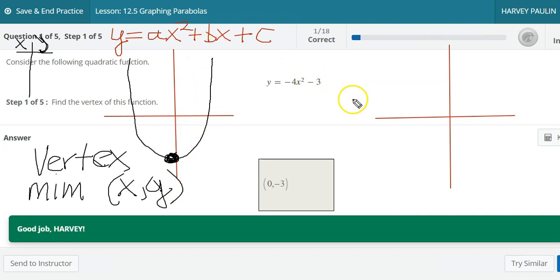Now, continuing with background information, and again, take any needed notes on this. If our a value is negative, then the parabola, instead of opening upwards, opens downwards. Now, the top of it, that point right there at the top, is the vertex.